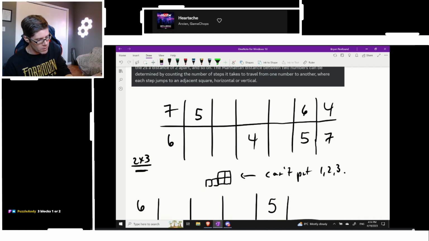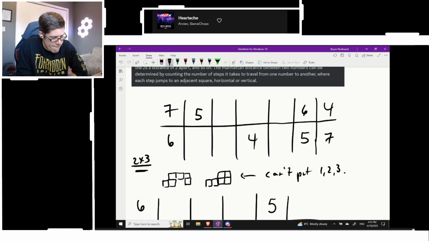We just can't put them in an igloo. So I think that exhausts all the possibilities we have for 5.